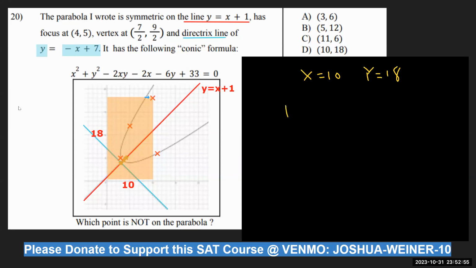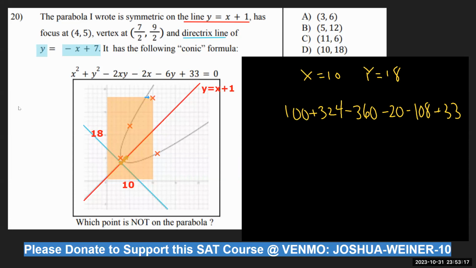So we have 100 plus 324, because I know my perfect squares. Minus 2 times 180, that's 360. Minus 20. Minus, what the heck is 6 times 18? It's 108. Plus 33. All right.